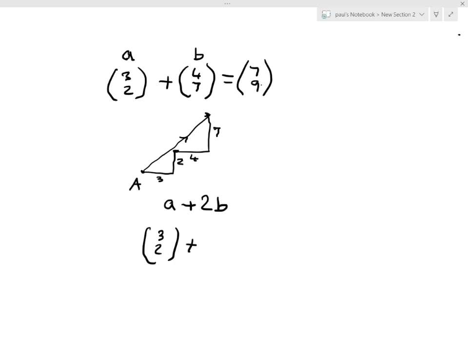So this is b, (4, 7), so 2b is just twice as much as that, so that's going to be (8, 14), and 3 and 8 equal 11, and 2 and 14 equal 16. There you go. So we've gone along 3 up 2, and along 8 up 14. All positive numbers, so nice and straightforward.